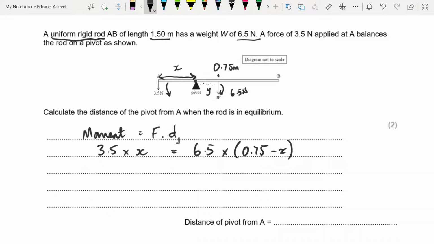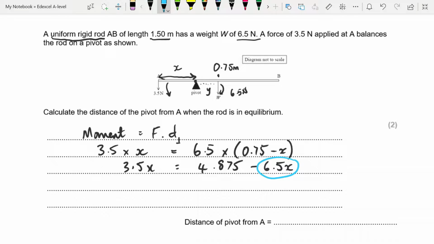Now all we have to do is solve this for x. I'll do it the long way so you can see me doing it. 3.5x is equal to, and we're going to multiply out this bracket, 4.875, that's 6.5 times 0.75, minus 6.5x.